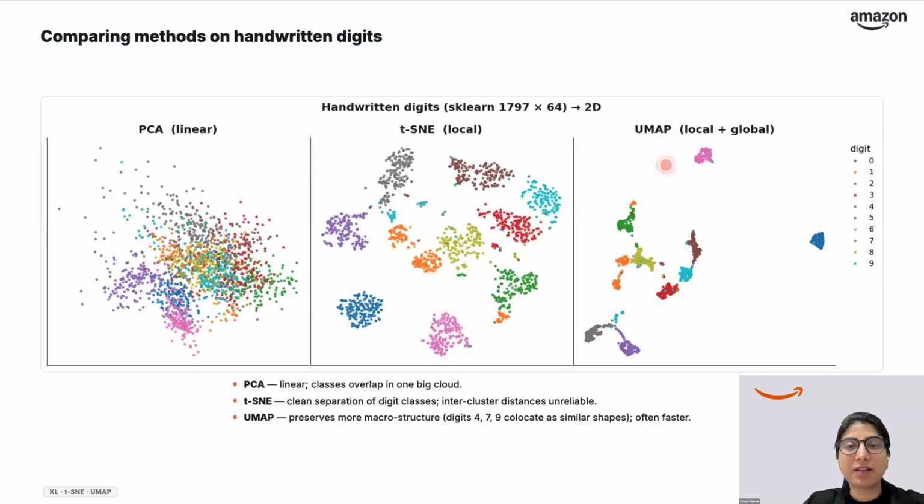The intercluster distance in t-SNE is not very reliable. But UMAP basically tries to capture the local as well as the global pattern. And if you can see here, some of the samples from 4, 7, and 9 are close by, showing that they have some global similarities between them in this data set.